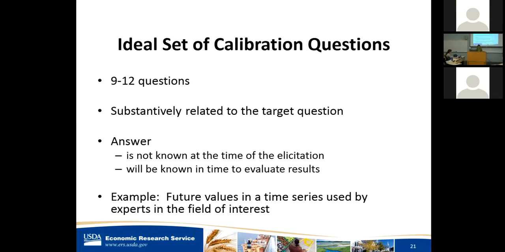That creates uncertainty, but they will be known by the time we do the analysis, so that we can measure how well people are performing with regard to accuracy and informativeness. The ideal would be something like the future value of a time series that they're used to working with. In the problem of global burden of disease, we don't have those time series, and that's part of why we're dealing with this.